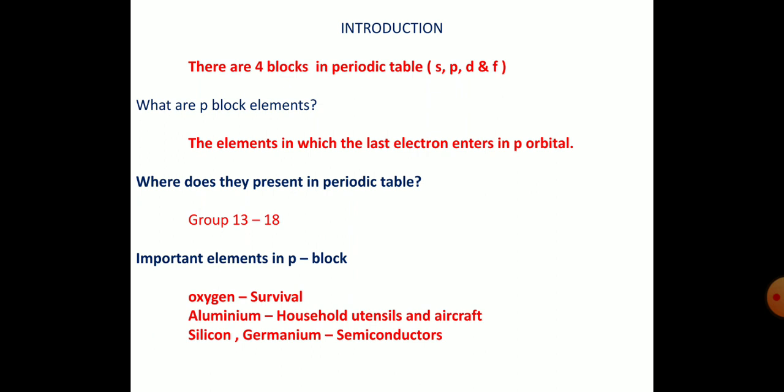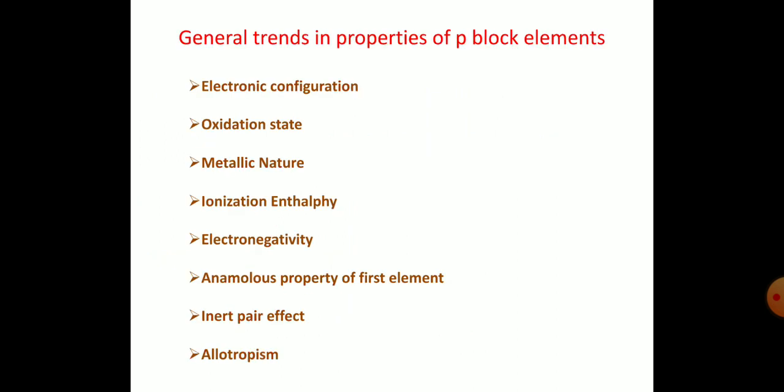So aluminium is also an element of P block. Thirdly, silicon and germanium. These elements are called semiconductors. About semiconductors, you may have an idea. So these are the important elements from the P block: oxygen, aluminium, silicon, germanium. We have many elements, but these are the elements given in your textbook as important elements.